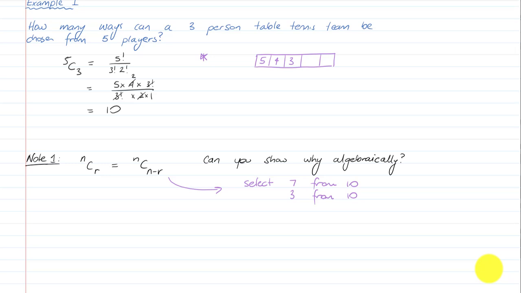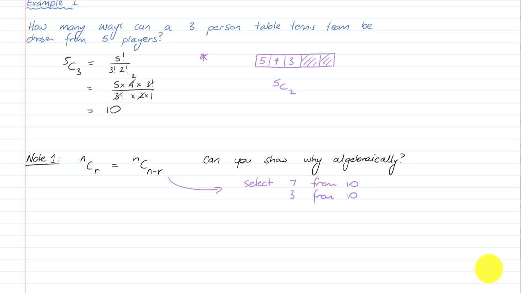But it also meant there were 2 that didn't get picked, these 2 here. So the flip side of that is we could say, well, how many ways could you not pick 2 people? And that would be 5C2. So 5C2 would represent the number of ways of choosing 2 people to not go. And then, of course, you'd have 3 people left over, and they're the ones going.